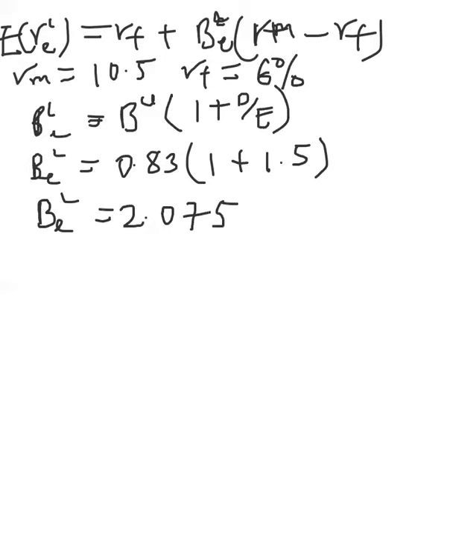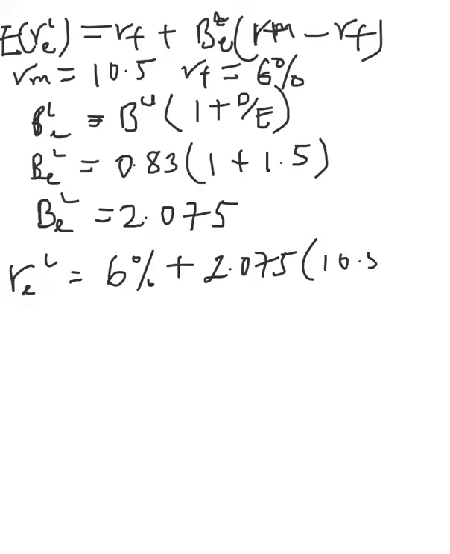Now, once I know this, I can say my return on equity, or the cost of capital, REL, is equal to RF, which is 6%, plus my beta, 2.075, into bracket RM, which is 10.5, minus 6%.